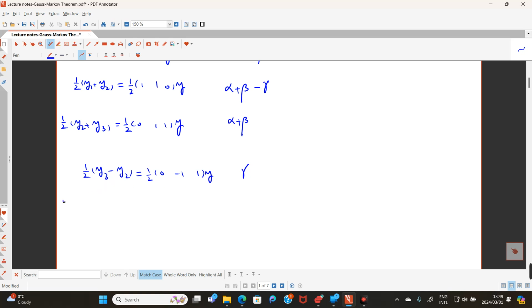However, there is no t prime y such that the expected value of t prime y is equal to alpha, or such that the expected value is equal to beta. So these two parameters, alpha and beta, are not estimable functions.